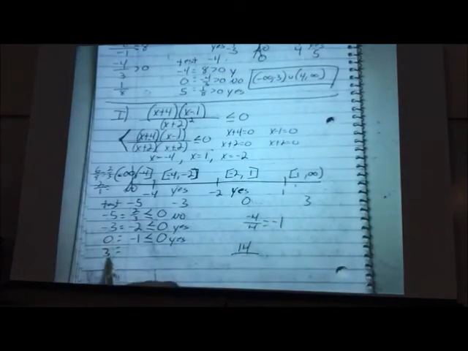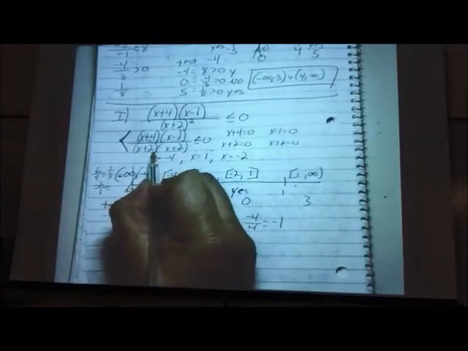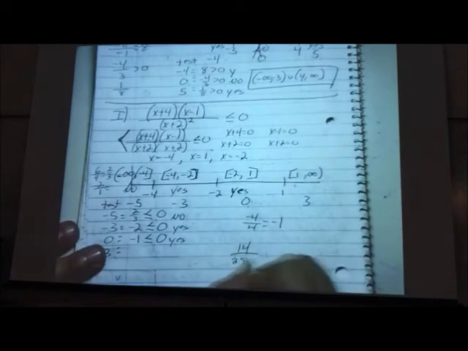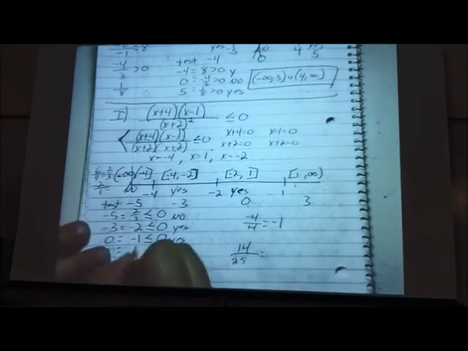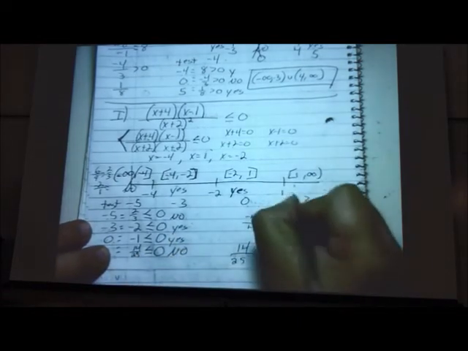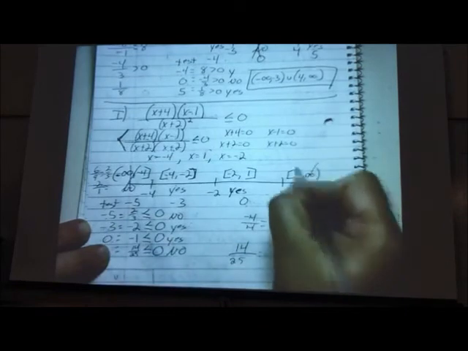Then we have 3 plus 2, which is 5, and 5 times 5 is 25. So is 14 over 25 less than or equal to 0? No.